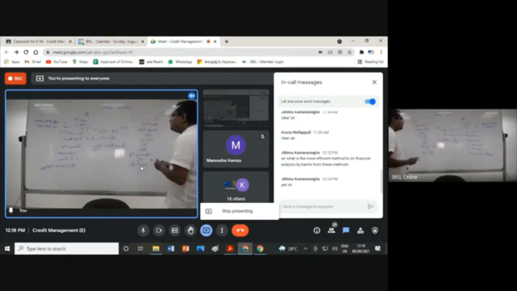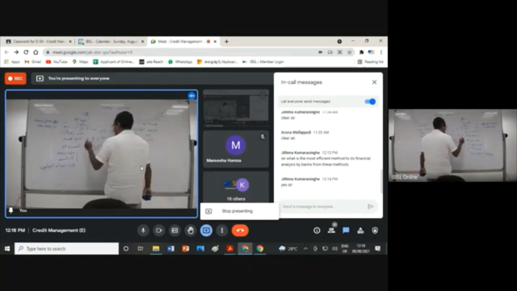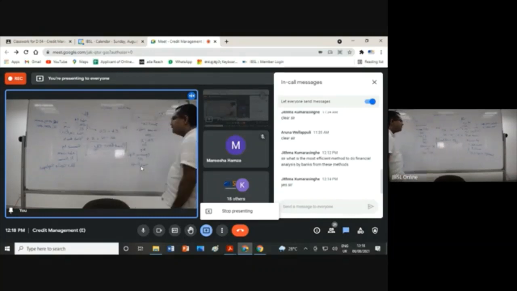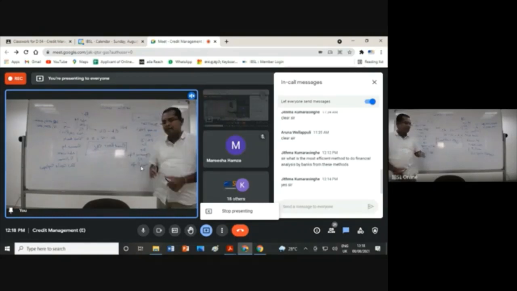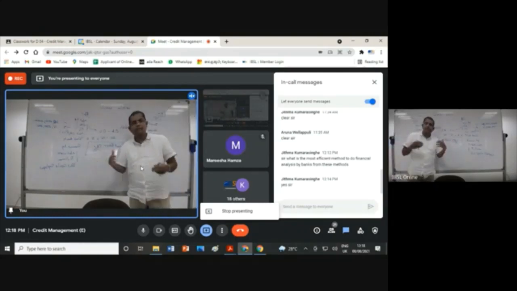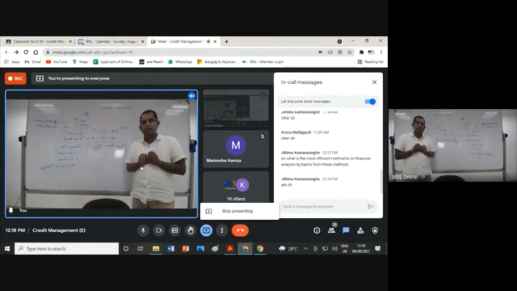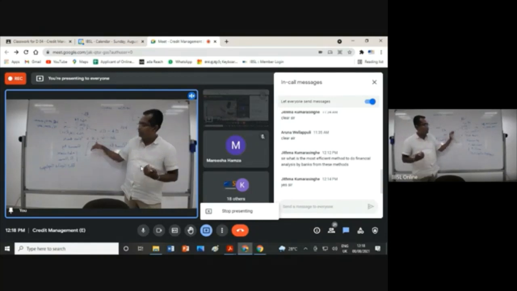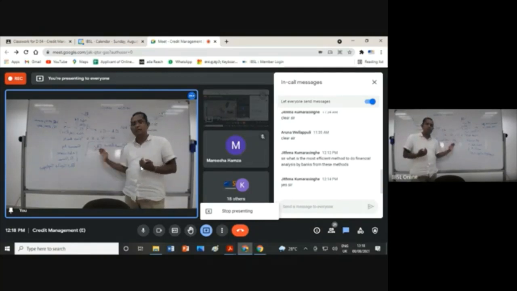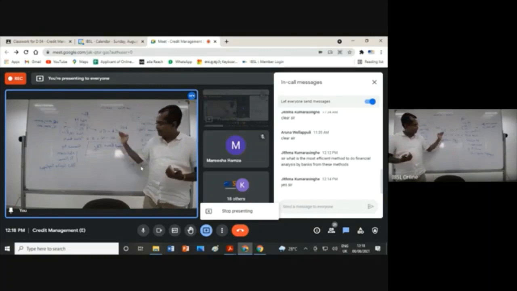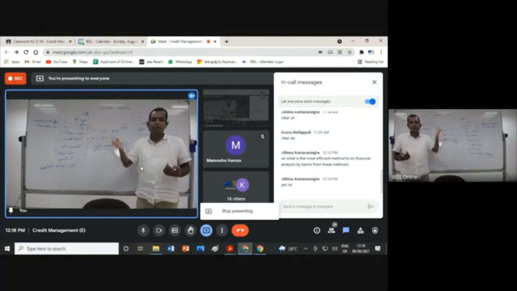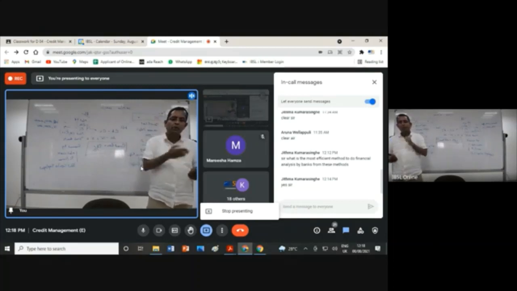Right? Current ratio, current assets divided by current liabilities. What does this indicate? Liabilities which need to be settled within a 12-month period: what is the coverage we have from current assets? Current assets are assets which can be converted to cash within 12 months.